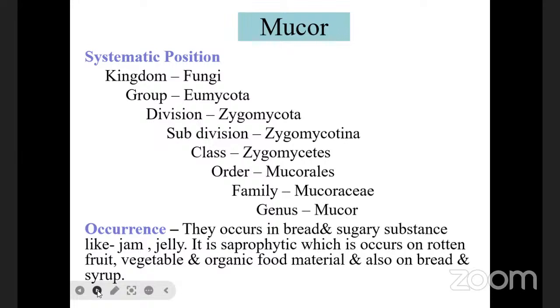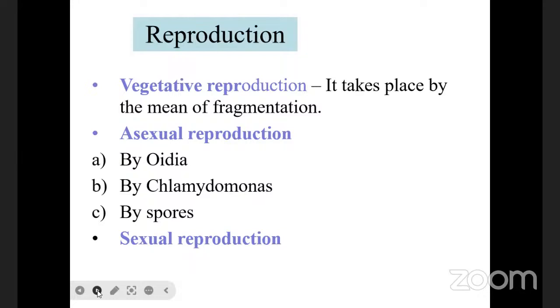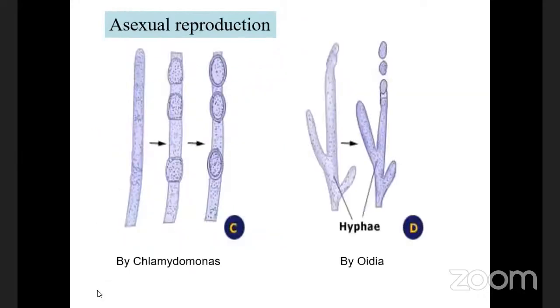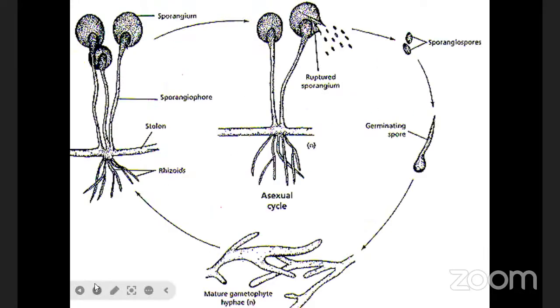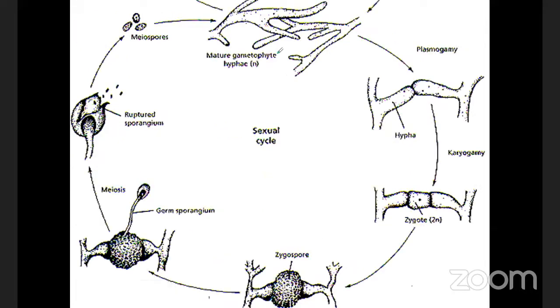Okay, you see in Mucor, bread mold, black mold, it is happening. Asexual spores by chlamydospores and so on. There, two opposite strain thalli only are mating. You see, two opposite strain thalli only, plus strain and minus strain. There only plasmogamy and karyogamy, zygote formation, zygospores, and again taking the reduction division and releasing the haploid spores.